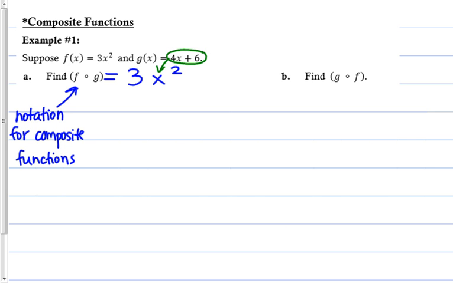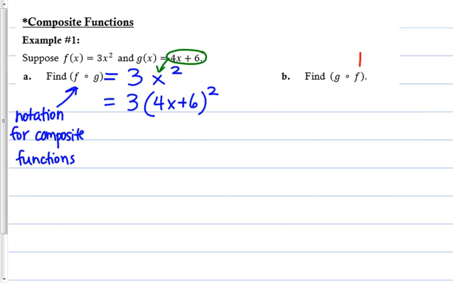So basically, this becomes 3 times (4x plus 6) squared. And that's my composite function. Okay, that's it. B, same idea, only this time I'm making my function with g, and then I'm plugging in f.